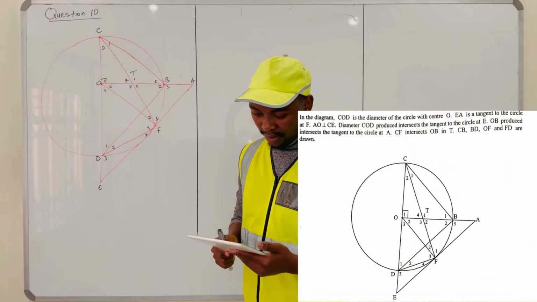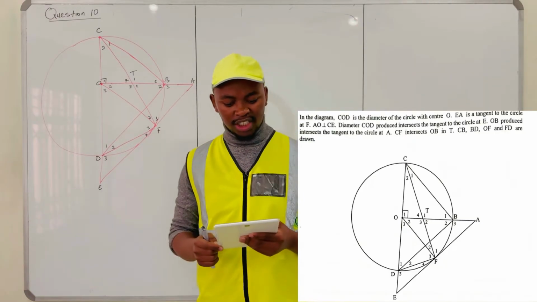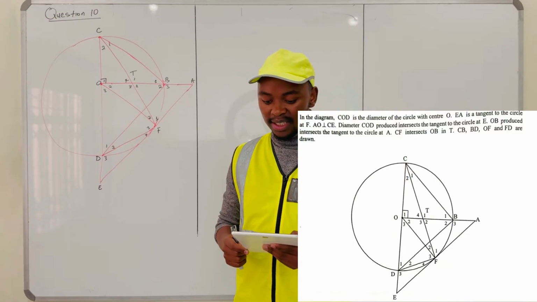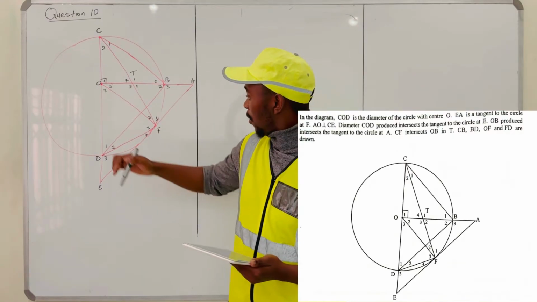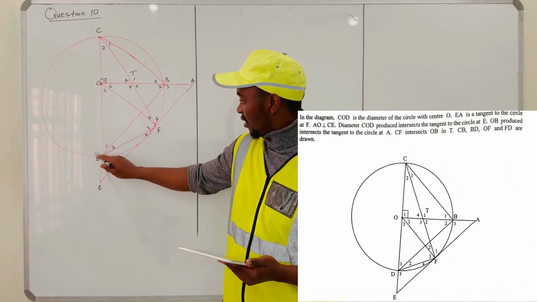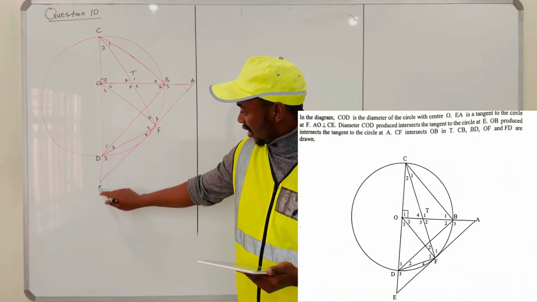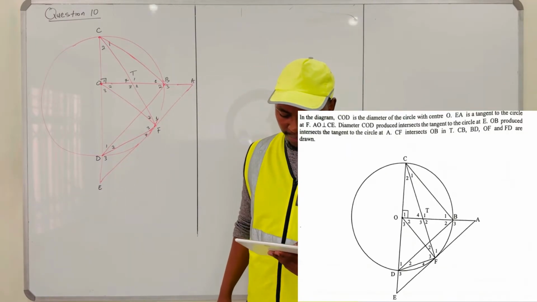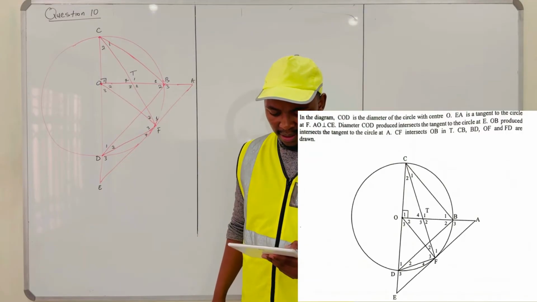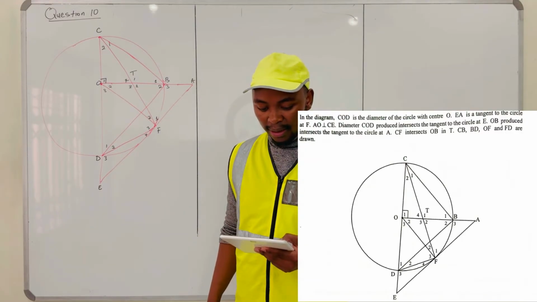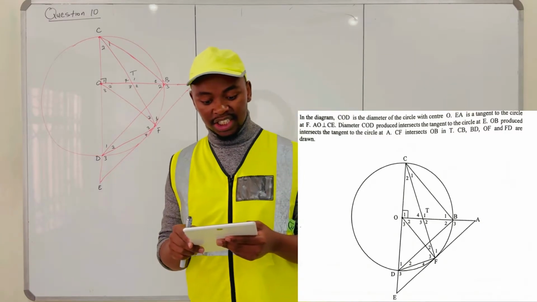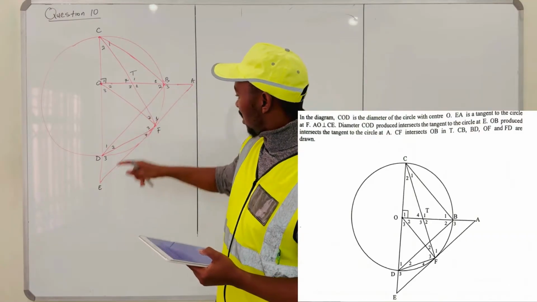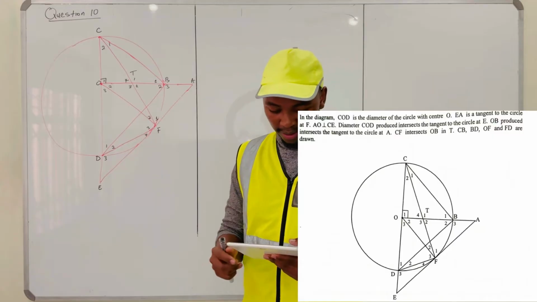Right. Now diameter COD produced intersects the tangent to the circle at point E. Alright, so COD is now extended to DE and then it intersects the tangent at the point E. Alright, so OB intersects the tangent to the circle at point A. So we have OB also intersects the tangent EA at the point A. Alright.